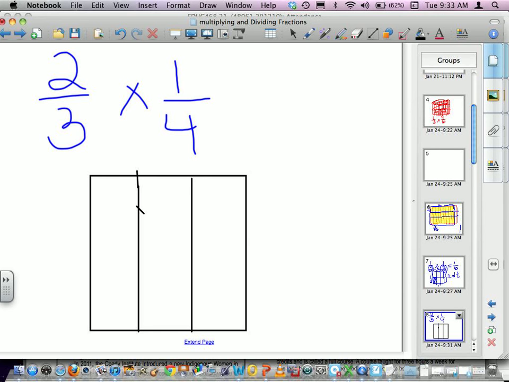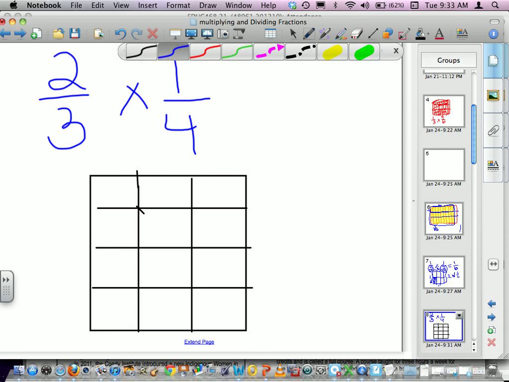The other way, when I'm doing quarters, I always like to do half and then half of the half. Makes me happy. So we'll grab the highlighter, and the part we have shaded is right here.